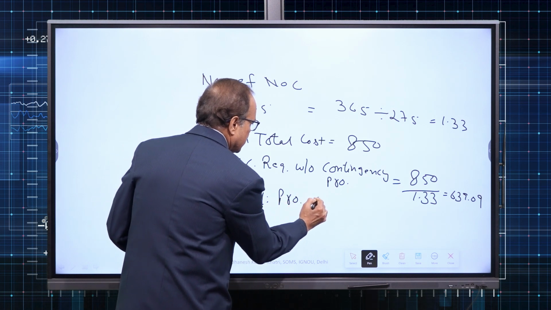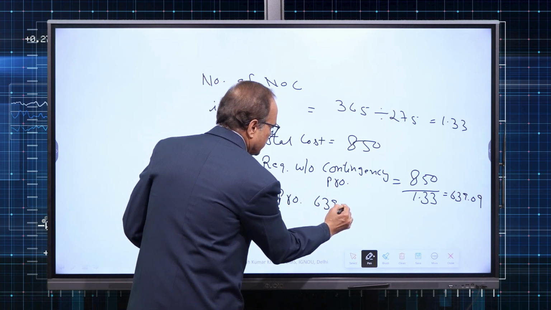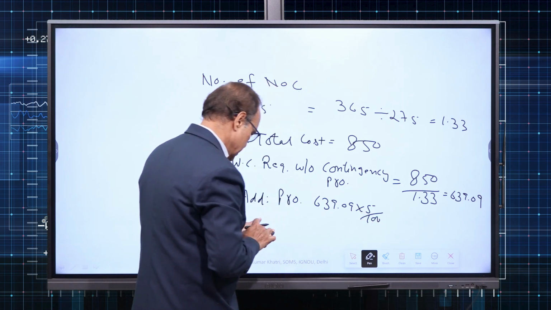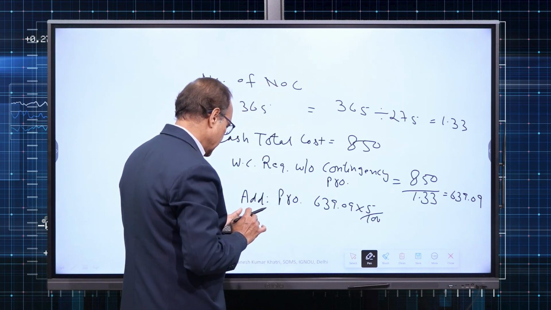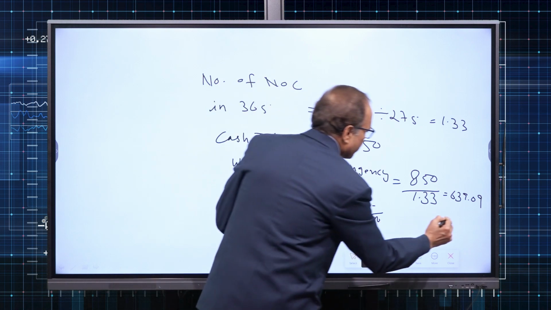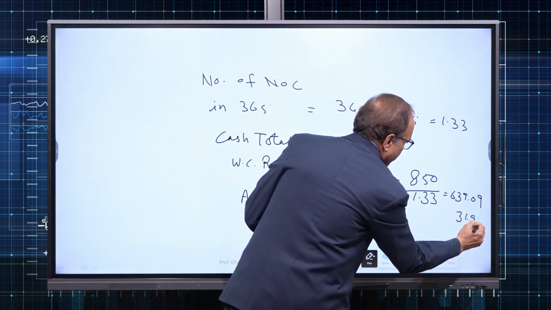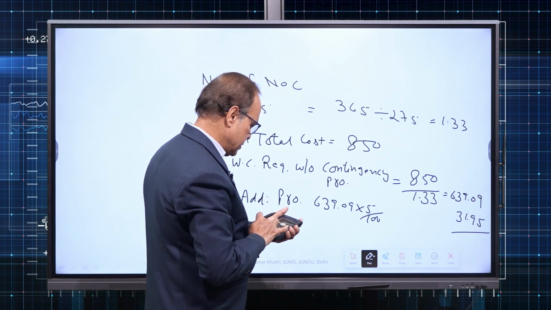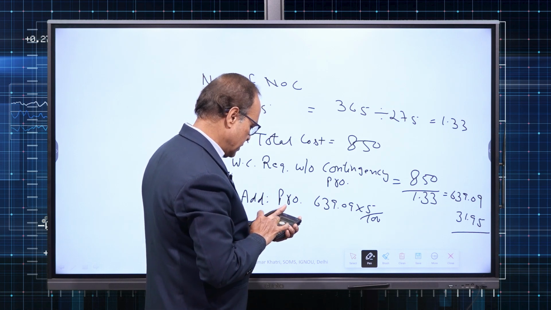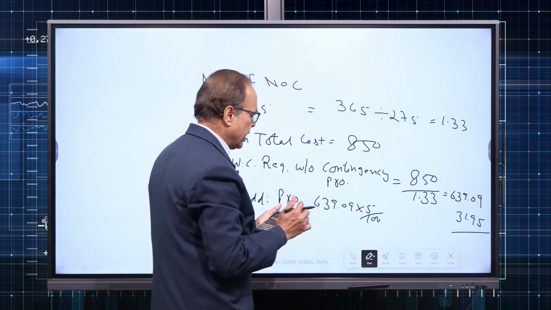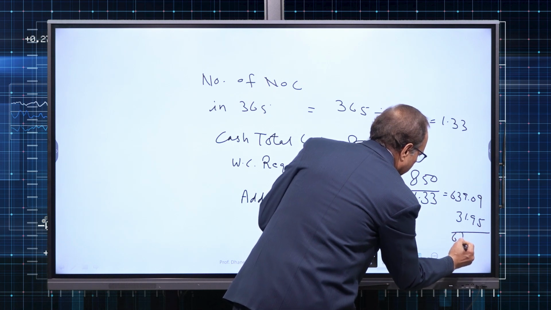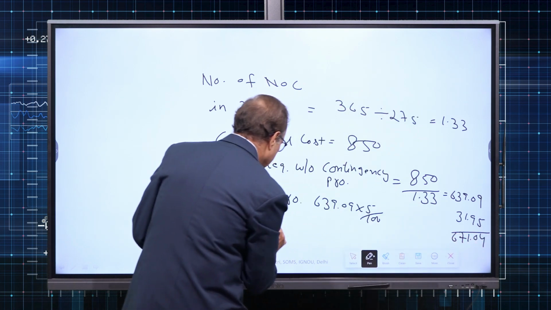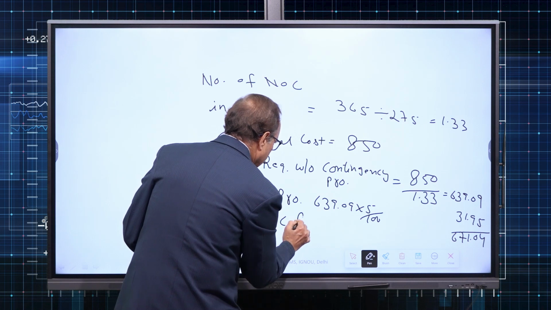So, provision is 639.09 times 5%. So, 5% of that becomes 31.95. So, 639.09 plus 31.95, we get 671.04. So, that is my working capital requirement.